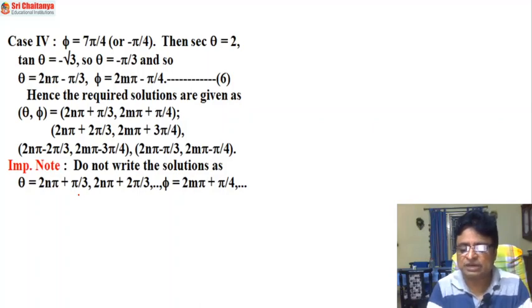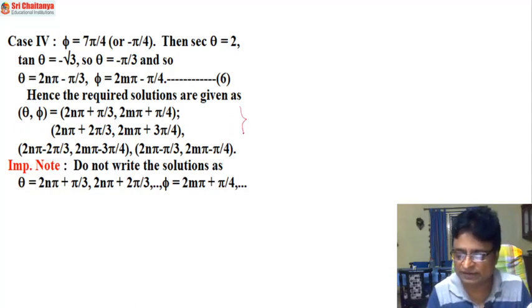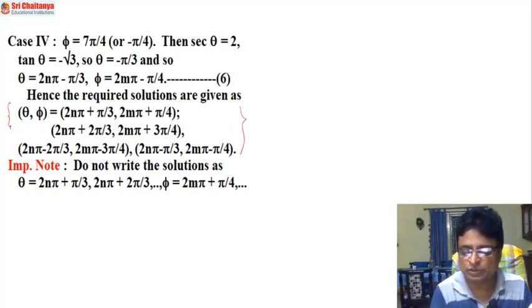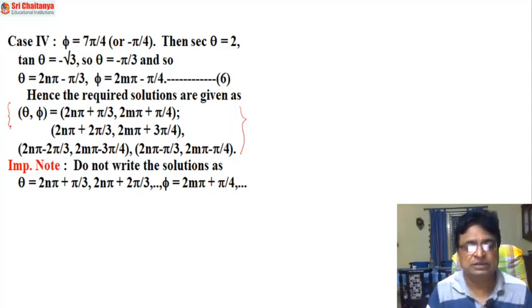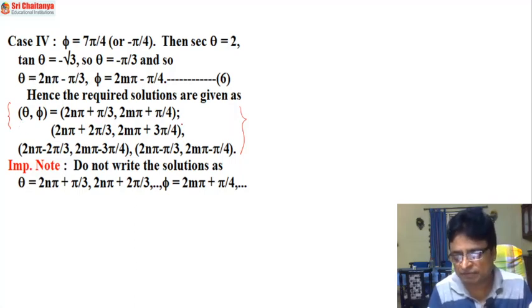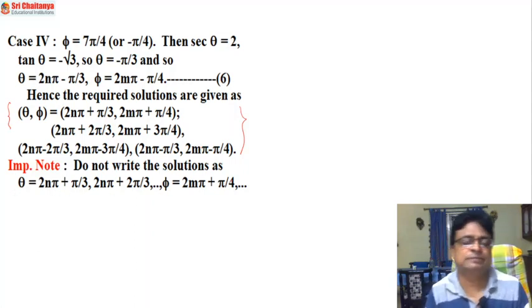so after writing all these 4 solutions, your set of values should be like this only. So this is the solution set of the given system of equations with the 2 variables. But my friends, you have to represent the system of solutions in the form like this only. Don't use thetas at a stretch and phi afterwards like this.